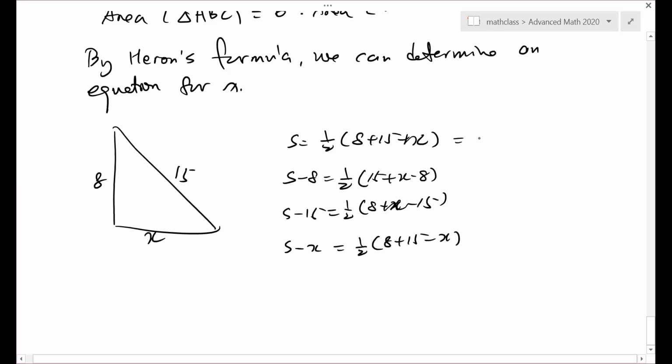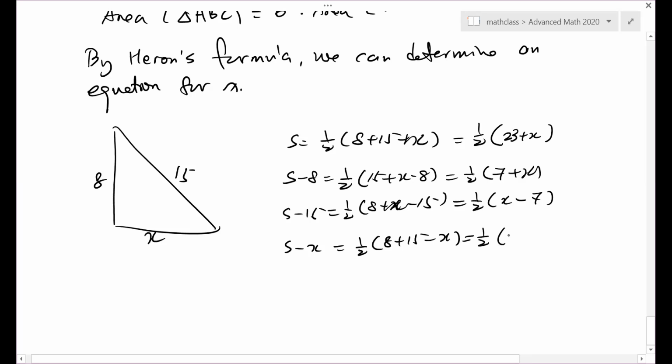We can simplify a little bit: that's half of 23 minus x, half of 7 plus x, half of x minus 7, and half of 23 minus x. Not too bad.